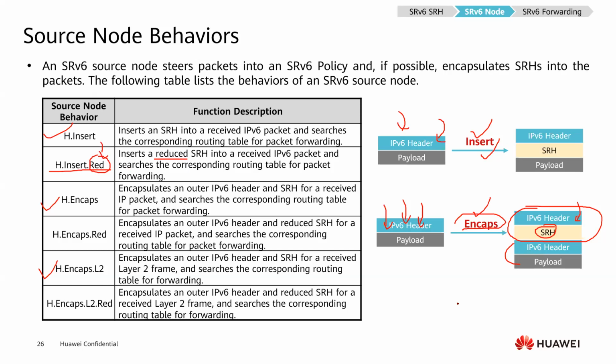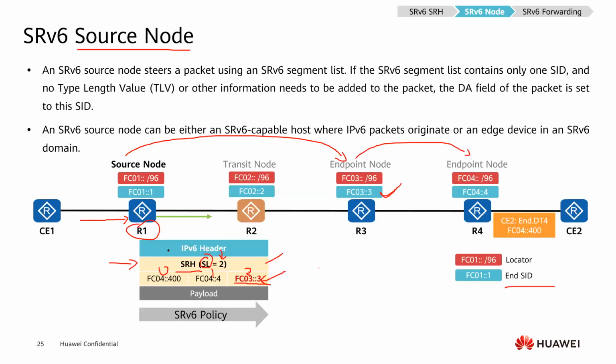It means for the first header, for the source node, there are two ways to do the encapsulation.